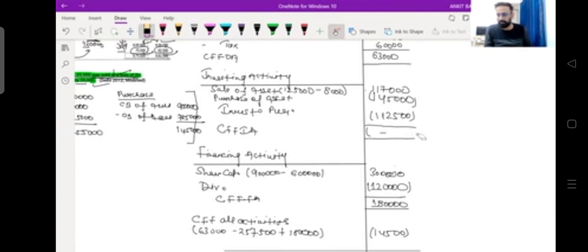So check it. It will be 1,17,000 minus 1,45,000 minus 1,12,500. So it will be negative 1,40,500.